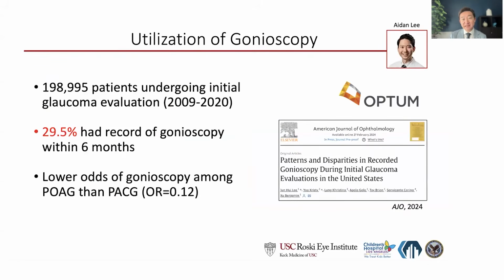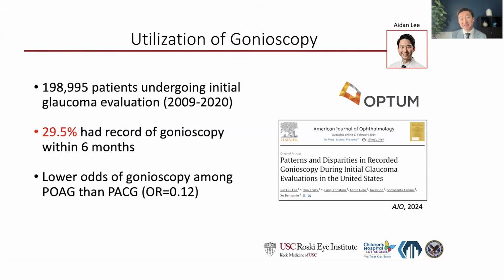This issue was highlighted in another study that we conducted in 2024. Here we used data from the Optum Healthcare Claims Database. This is an administrative claims database that provides us information on over 100 million Americans who are receiving care through the billing codes that are provided by their caring clinicians.